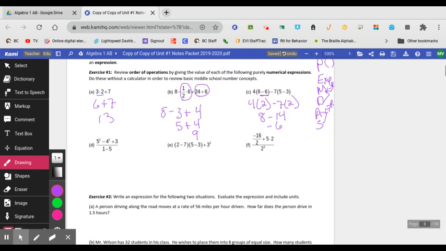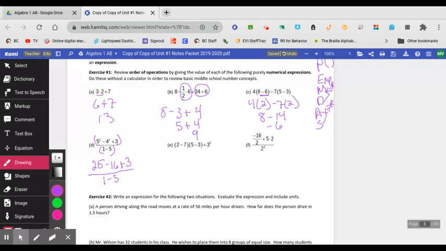Letter D, here when we have this fraction bar, that's a division sign, but that also kind of says to do everything that's on top in the numerator and then everything in the denominator. So we kind of treat that like there's parentheses there that aren't there. So first I'm going to do 5 squared, which is 25, minus 4 squared, which is 16, plus 3 over 1 minus 5.